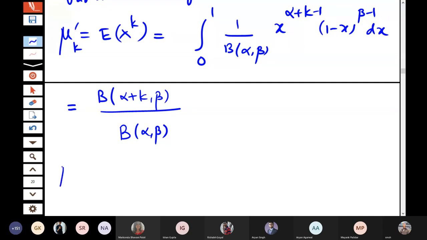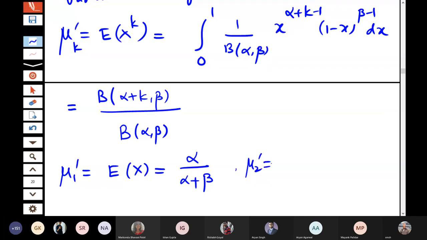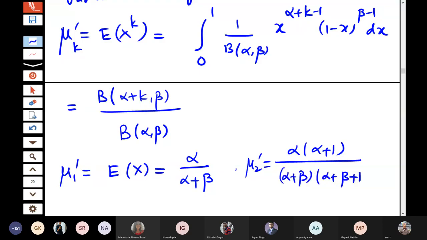So if I consider, say, the mean here, that is the expectation of x, that becomes simply alpha divided by alpha plus beta. Similarly, you can calculate, say, second moment, that is alpha into alpha plus 1 divided by alpha plus beta, alpha plus beta plus 1.